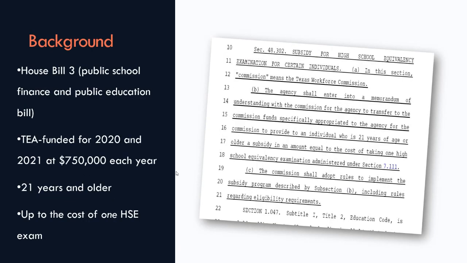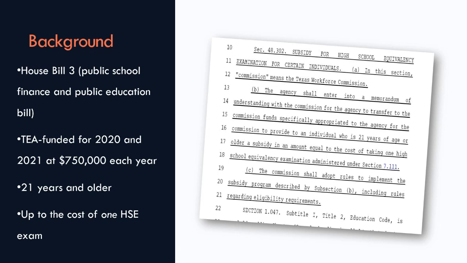So first here, quick background. This is going to answer hopefully the why are we doing this? What is the requirement? So House Bill 3, which was the 300-page bill for TEA's public school finance and public education bill, which was passed in this last 86th legislative session, had some language in there which added to the Texas Education Code a miscellaneous provision.